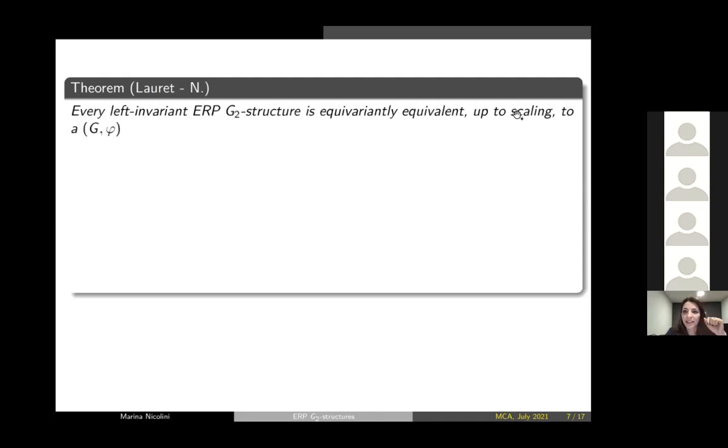We proved that every left-invariant ERP G2 structure is equivariantly equivalent, so there exists an isomorphism up to scaling, to (G, phi), where G is a Lie group and phi is the same phi as before, and such that the torsion form is fixed. So we have a basis where we can choose phi as before, and we can fix the torsion form.